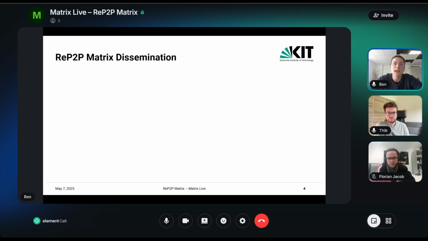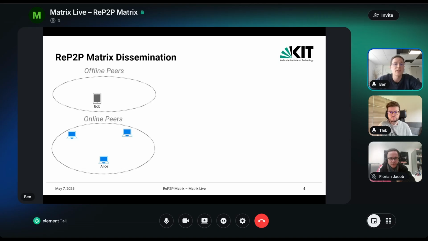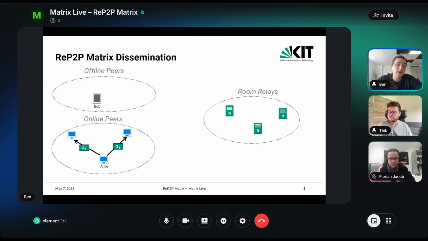So let's scale out a bit and look at how events are disseminated in ReP2P Matrix. Now let's assume we have a set of online peers consisting of Alice and two other online peers, and some offline peers such as Bob, and also a set of room relays. Now let's assume Alice wants to send an event into a room.